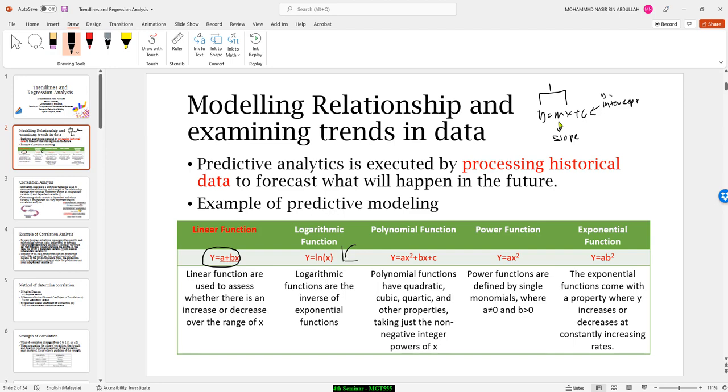And then we have a polynomial function, which looks like a parabola shape. And then we have a power function, and then we have an exponential function as well, right?